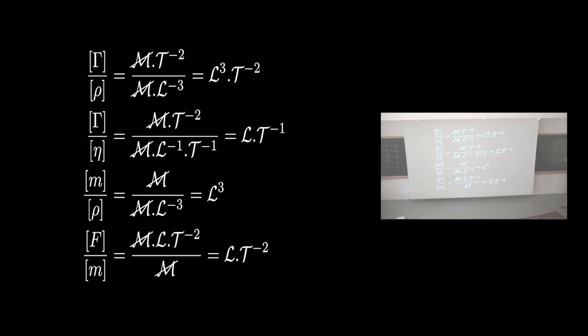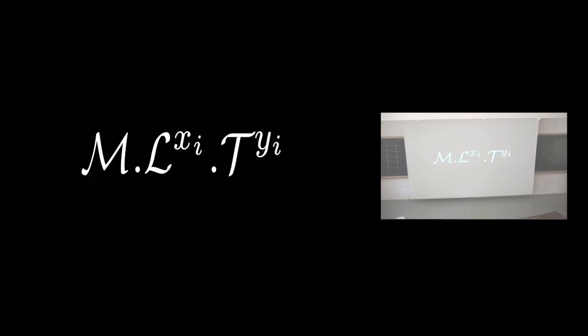The common point between all of those dimensional equations is that the terms in the ratios all have the same sort of structure. This structure is that they are all linear in the mass dimension, and they have some combination of length and time. And because of this particular structure, which is what we said at the end last time, you can think of any mechanical quantity of this sort as being on a plane with coordinates x and y.